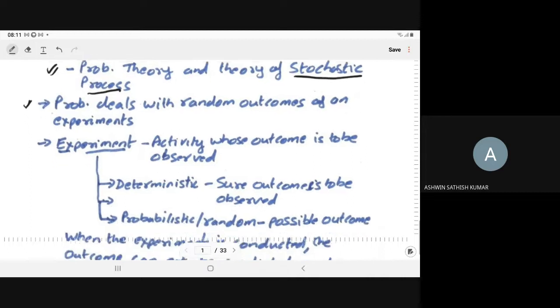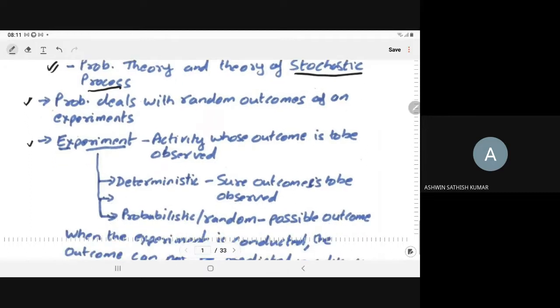In this, we have one technical term: what is an experiment? In the laboratory, you have done so many experiments, so you have the idea of what an experiment is. The activity whose outcome is to be observed, right?